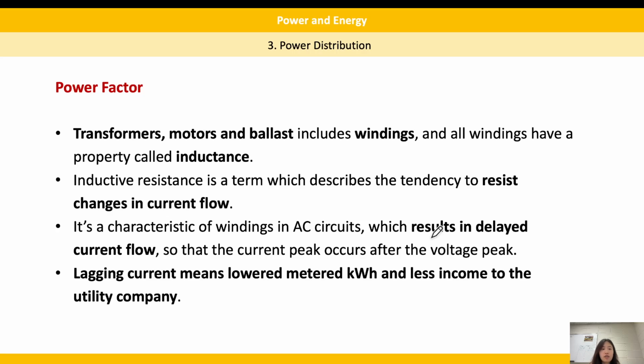It's a characteristic of windings in an AC circuit, which results in delayed current flow. So the current peak occurs after the voltage peak, and we also call it a lagging current. Lagging current means lower metered usage and less income to the utility company. So when we calculate the power used, we have to consider power factor.